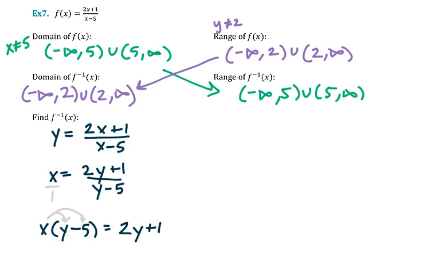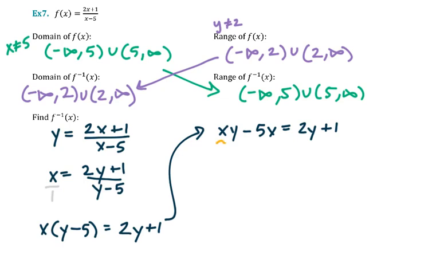And that's what students have a hard time seeing because you're saying, well, I want to isolate y. And if I multiply x by it, that just seems really counterintuitive. So people get stuck here. But if we distribute it, then we can collect and factor GCF later. So what this leaves me with is xy minus 5x equals 2y plus 1.